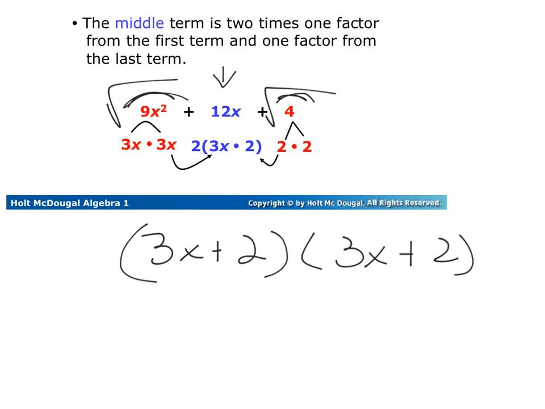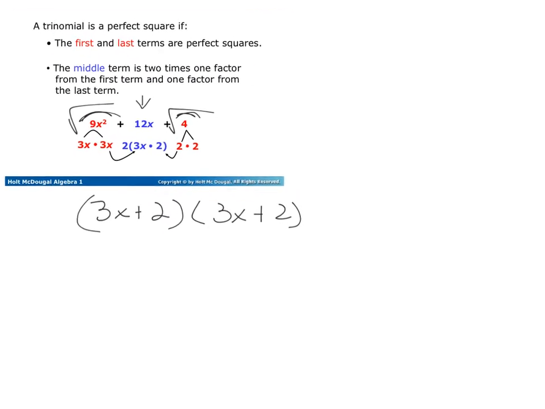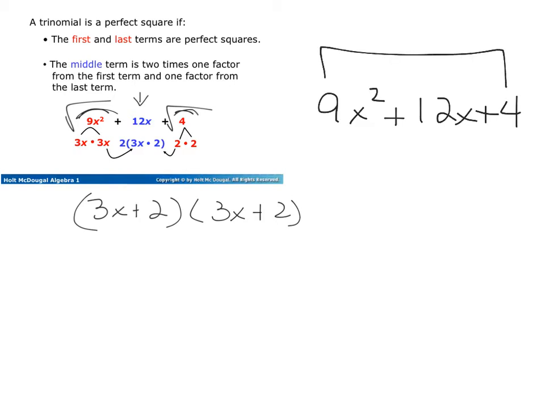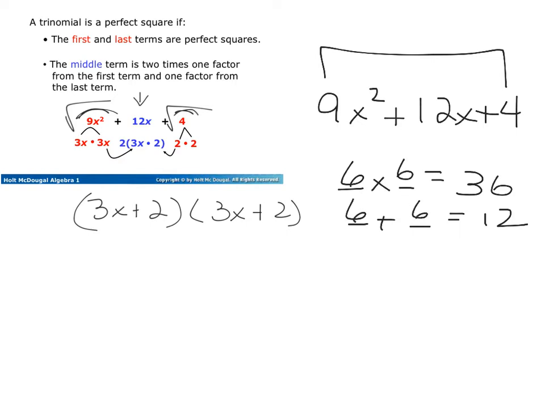Now, if you didn't realize that 9 and 4 were perfect squares, then what we're going to do instead is what we did on yesterday's quiz, where we multiply the beginning and the end, and we get 36. So we'll look for two numbers that multiply to give 36, but who add to give 12. So you can do these the same way, and it's 6 times 6 and 6 plus 6.